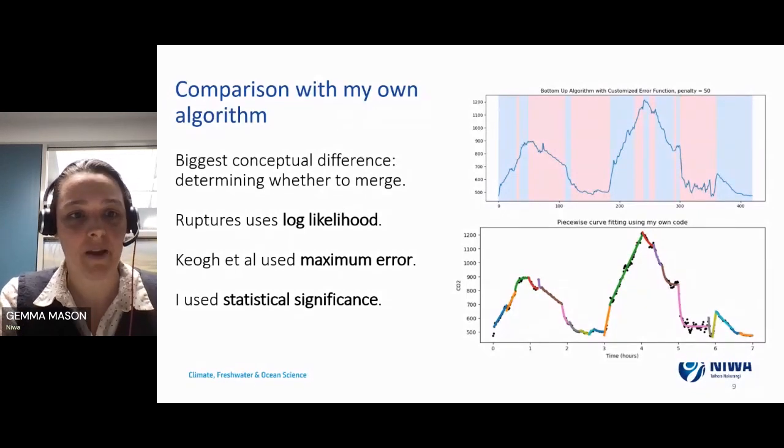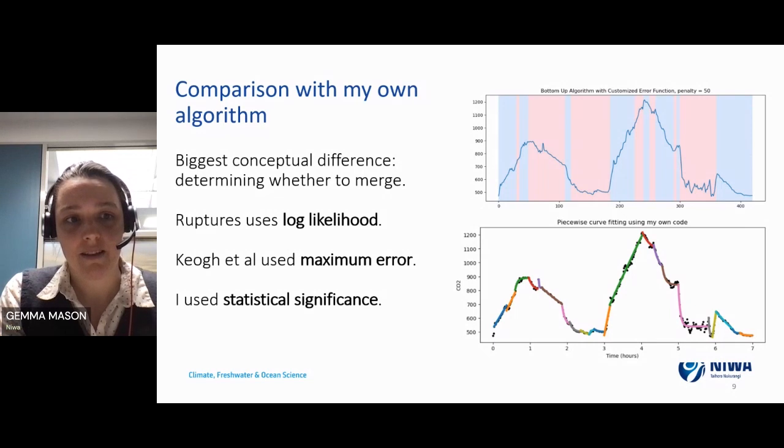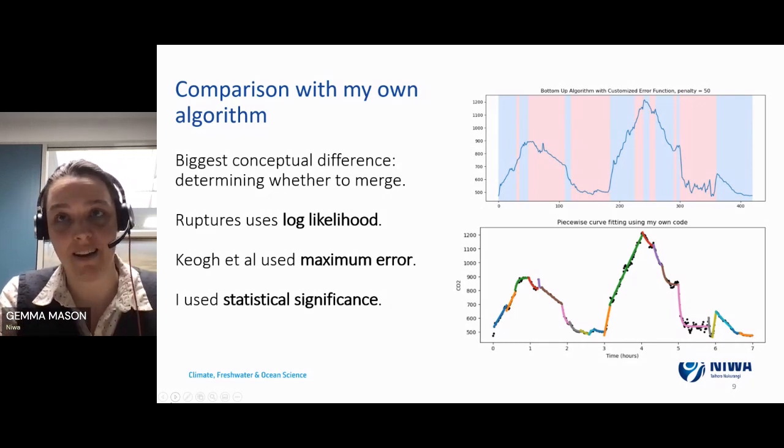I ended up using statistical significance, which is to say, if I were to compare these two things, is there a statistically significant difference between the things to one side of the change point and the things to the other side? And that is an existing statistical test that is out there.